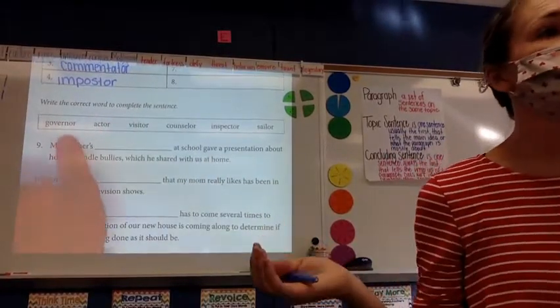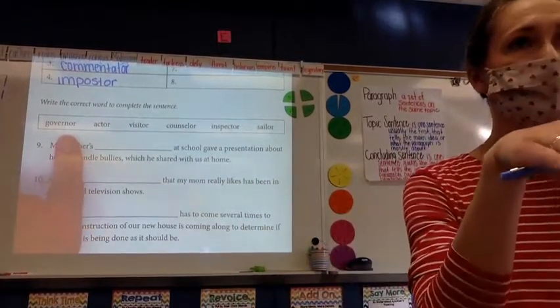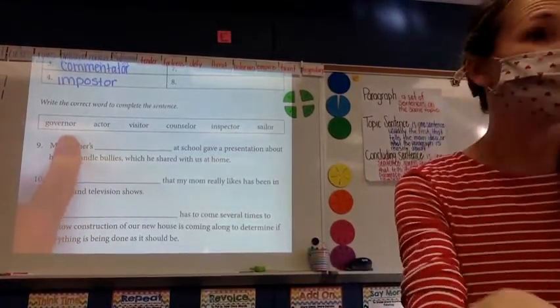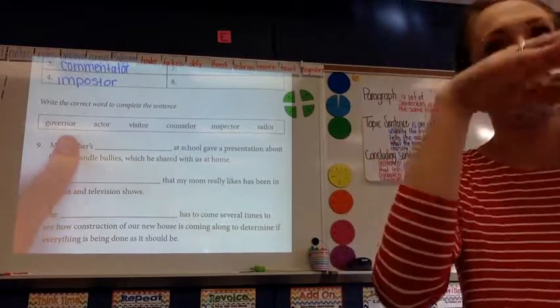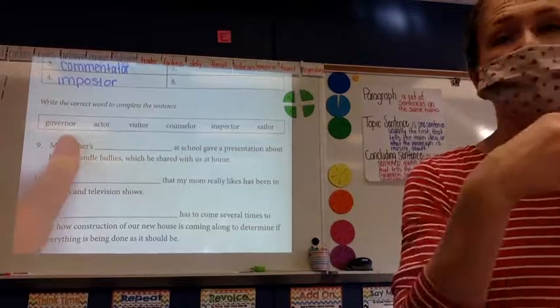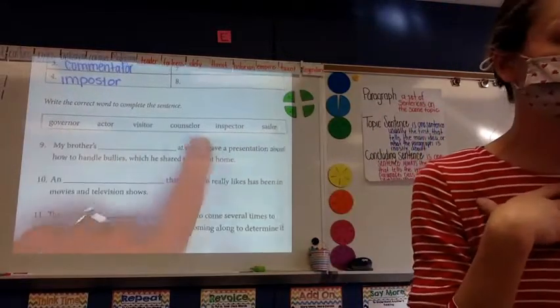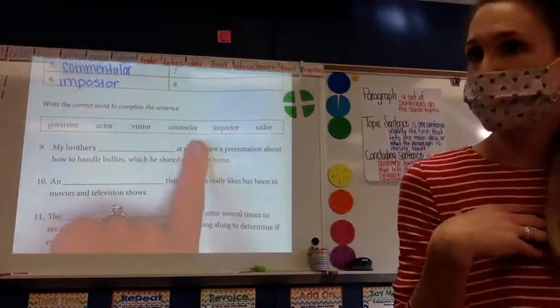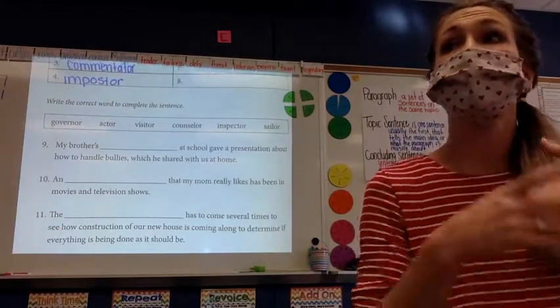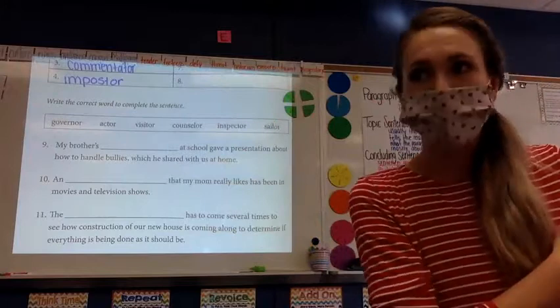A governor is going to be someone who's in like a political office. So you have a governor of your state. It's political, yes. Or it could be like the leader of something. A counselor. Like Miss Curtis is your counselor. She's going to be guiding you. She's going to be counseling you, giving you help through something.